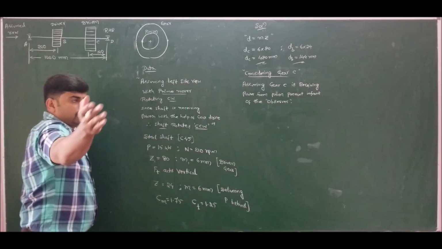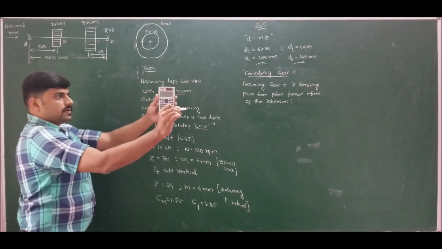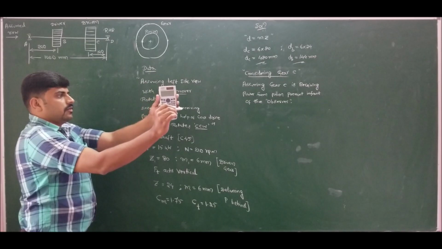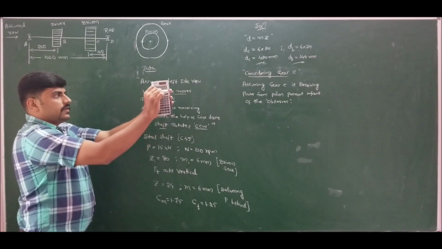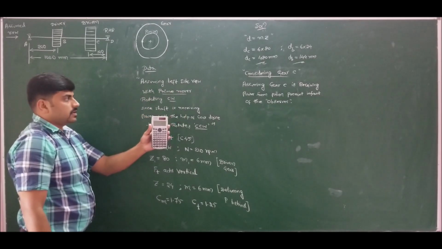Both are the same. In front of the observer or in front of the gear. So in front of the observer we have a pinion, or in front of the gear we have a pinion. So it is giving the power to the gear from which the shaft is driven.